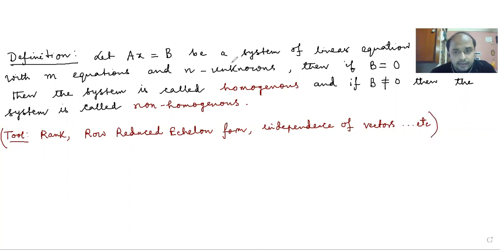And you have to remember this definition, that these are the conditions. If the right hand side is a vector, a column matrix, you can easily identify. If it is the 0 vector, then we shall call the system homogeneous. For example, on the left hand side capital A is the matrix.